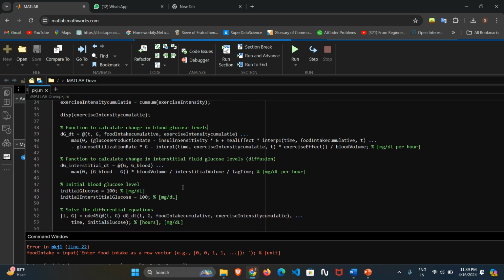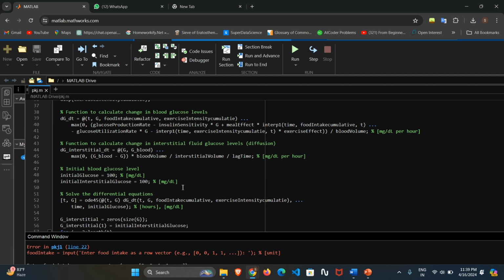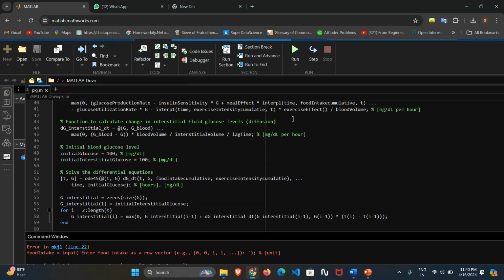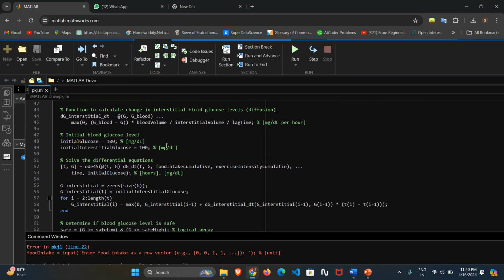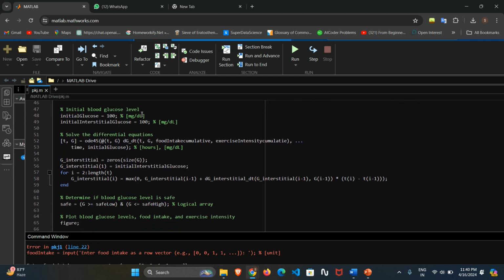Then there is a function which calculates the change in interstitial fluid glucose levels, also cumulatively, as the glucose diffuses through the interstitial fluid. We assume the initial blood glucose level is 100, and the same for the interstitial glucose level. Then we solve the differential equation using ODE45.